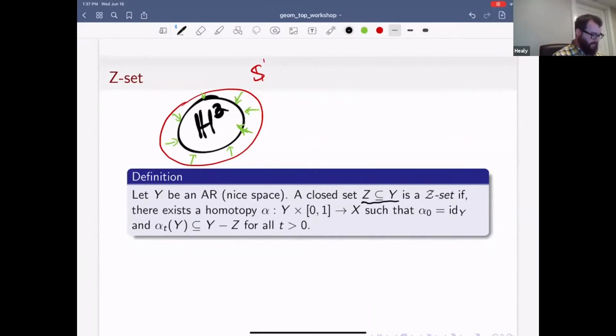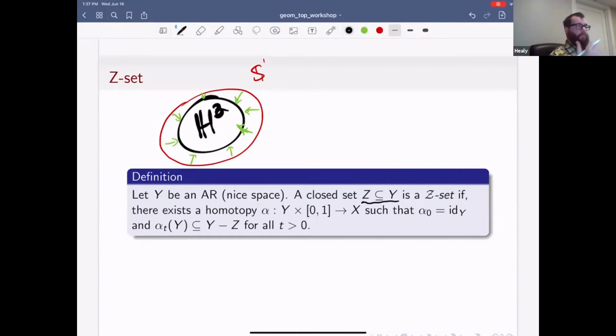So for instance, a one-point compactification does not meet this criterion because you can't bring that in without changing the topological type.